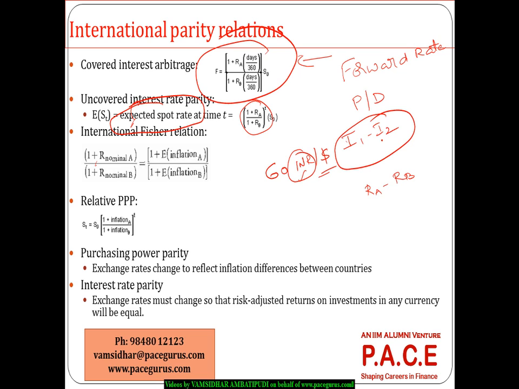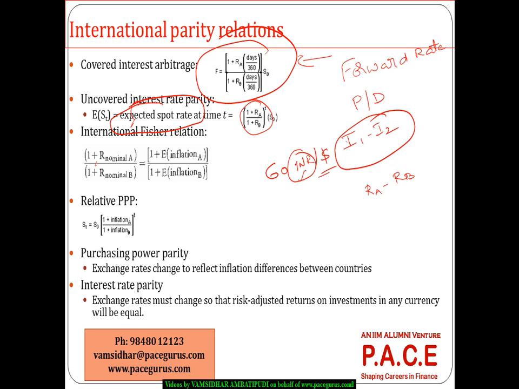So whenever we are using the covered, we are talking about the no-arbitrage forward, whereas whenever we talk about the uncovered, we talk about the expected spot. Obviously, both of them should be equal. Where we see the forward market existing, to a large extent we see that the forward rate will be equal to the expected spot rate in the future itself.